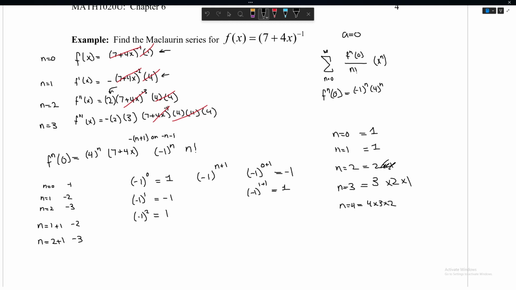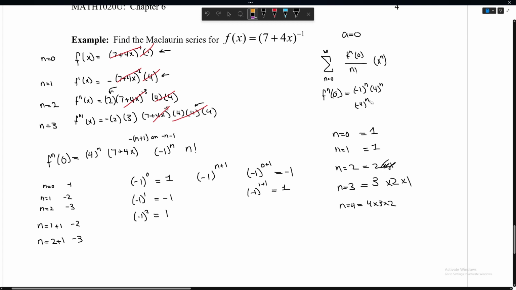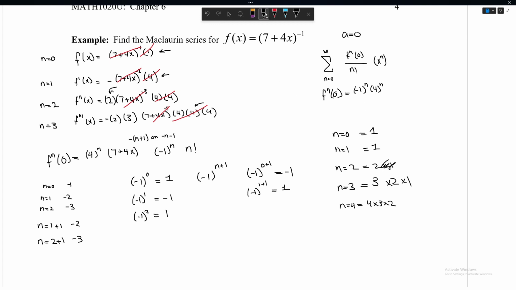What if I take these two and I do negative 4 to the n? Wouldn't that technically also oscillate between negative and positive? And it will also do the multiplication that is doing here. That's one way to do it, but I'm not going to do it because I don't think they're asking for you to simplify to this extent. So I'm going to leave it as is.